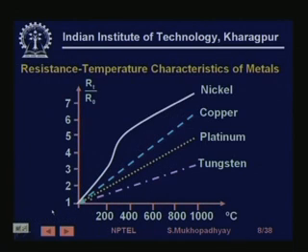If you see how the resistance ratio increases with temperature, for copper, platinum and tungsten it is more or less linear, while for nickel it is somewhat non-linear, although it is the most sensitive. Nickel and copper are much cheaper than platinum, so except in critical applications where you really need to know the temperature accurately, you do not use platinum.